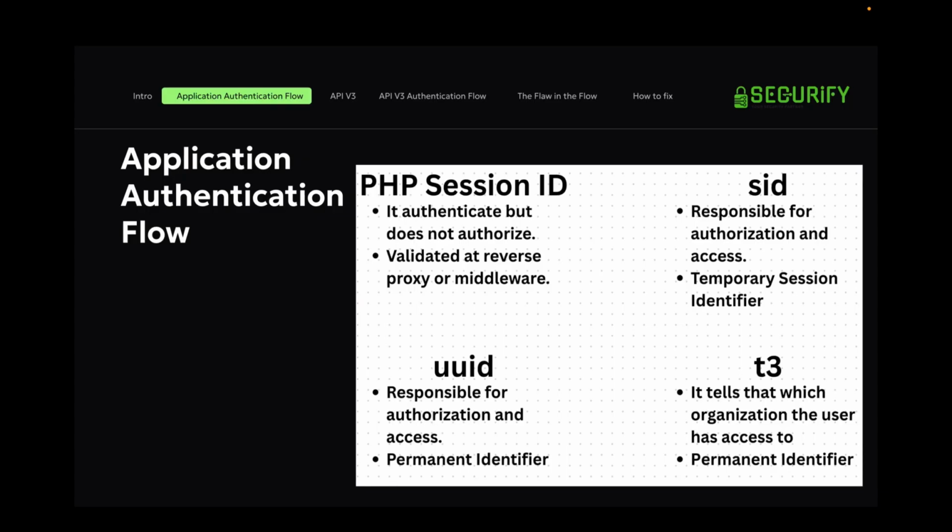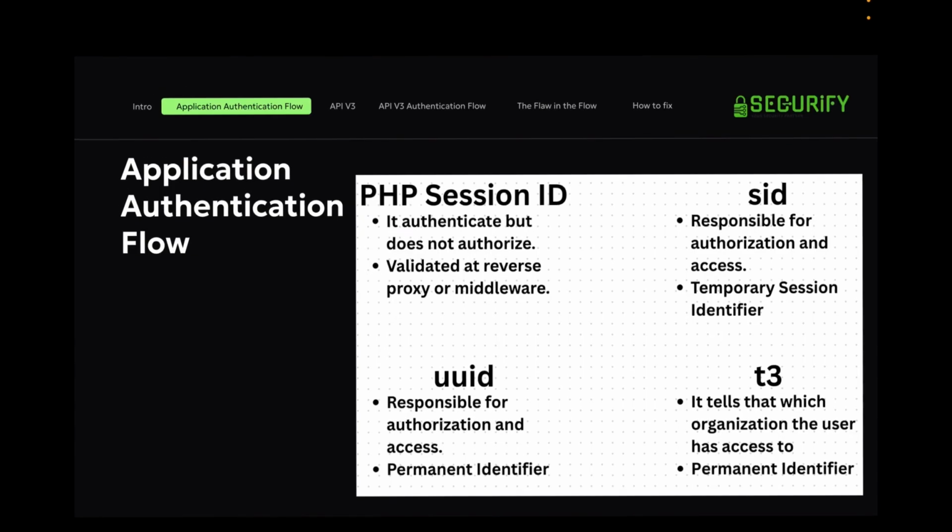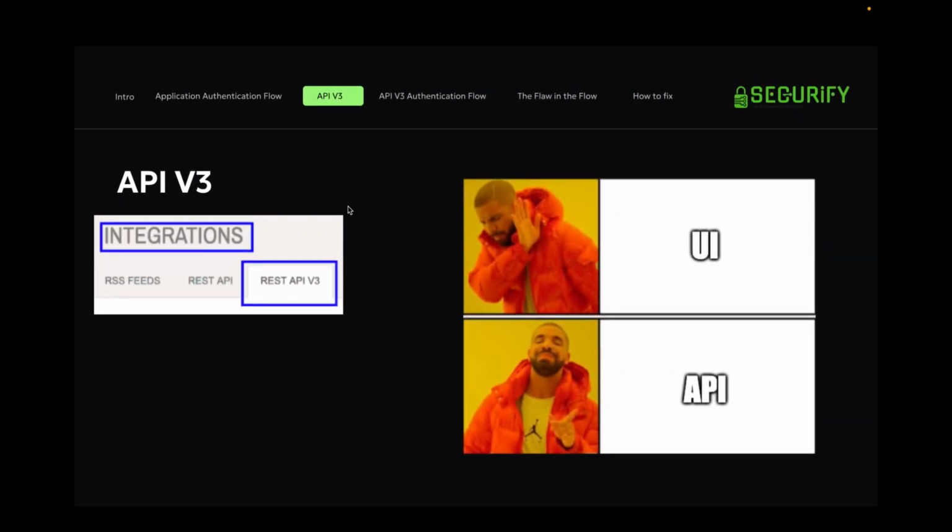Now you can tell this is already a pretty complex scenario where multiple parameters and values are being used to authorize a request or any operation. Upon digging deeper, I found an integration page where I saw that this application is providing a REST API integration feature.